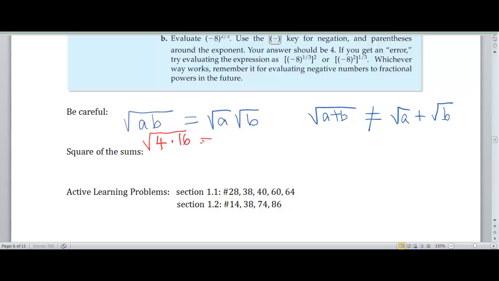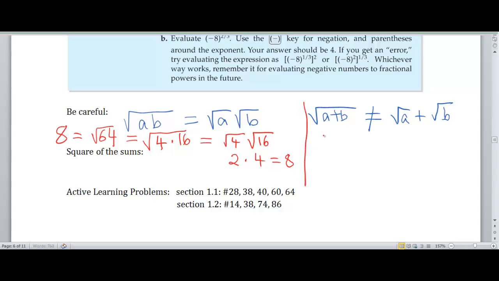You're going to say, oh, that's the square root of 4 times the square root of 16. Square root of 4 is 2. Square root of 16 is 4, so you get 8. And then square root of 4 times 16, well, 4 times 16 is 64, and we know 8 times 8 gives me 64. So the square root of 64 is 8. So this works, right? 8 on the left side equals 8 on the right side.